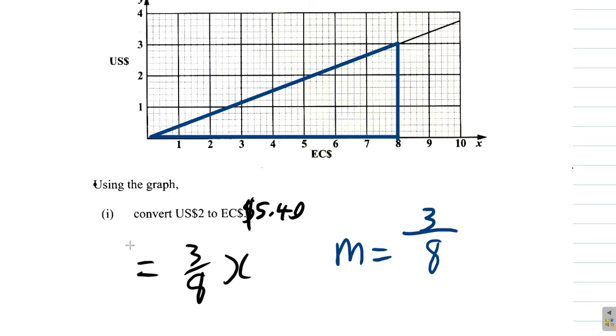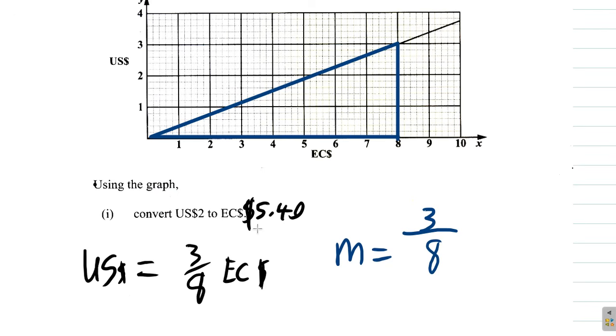The y is the US dollar, so US dollars equals 3/8 x, where x is EC dollars.